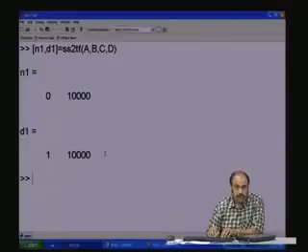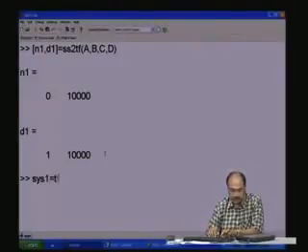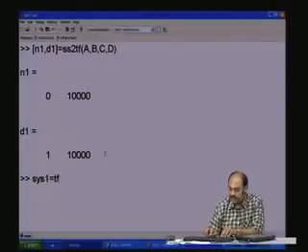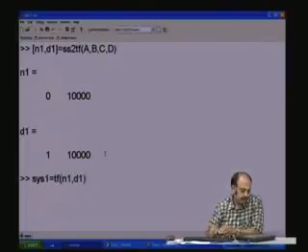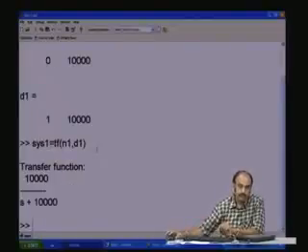So, what we can do is represent the system in the transfer function form using this numerator polynomial and denominator polynomial in a more friendly form using the TF function. So, TF, you input the numerator and the denominator polynomials n1, d1. That will give you this.